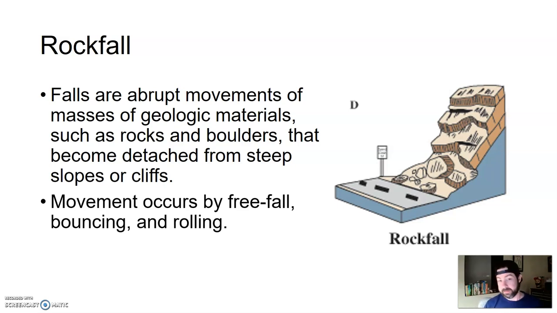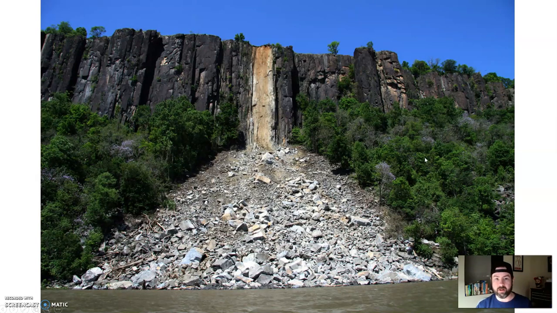It would be a block slide. But if they fall off a side and get some free fall, some air to it, then it's a rock fall. They could eventually bounce and roll, but they still get some free fall as they fall off the cliff face. So you can imagine a piece falling off, hitting, bouncing and rolling, and coming to a stop.